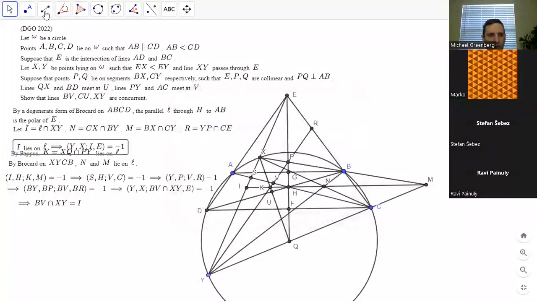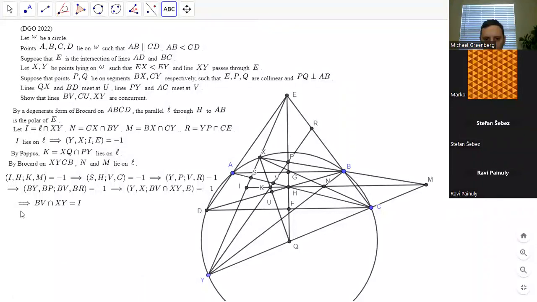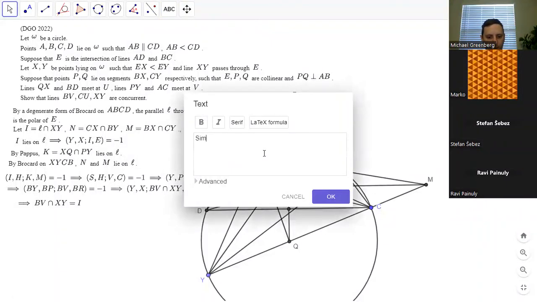All right. This, I believe, should be everything. Because if YXIE is -1 and we know this is -1, then so yeah, BV intersects XY at I, and also CU similarly.